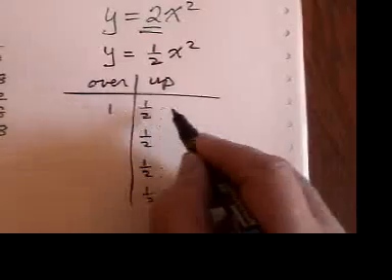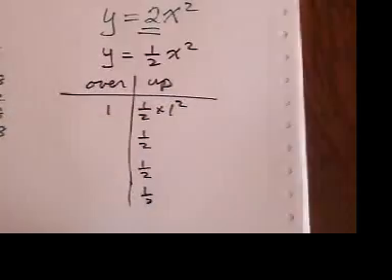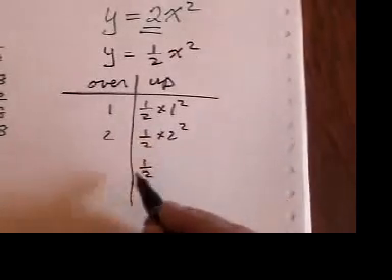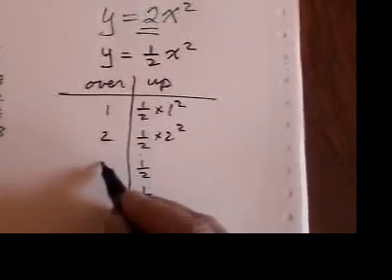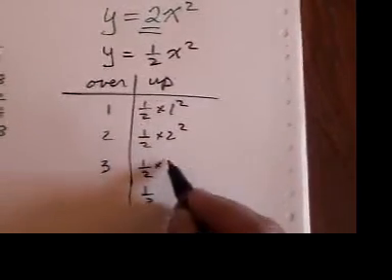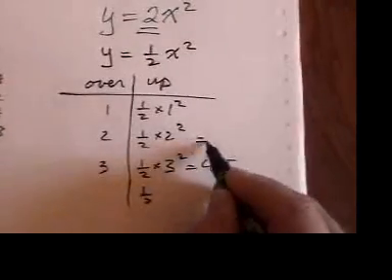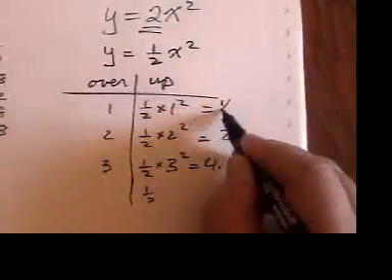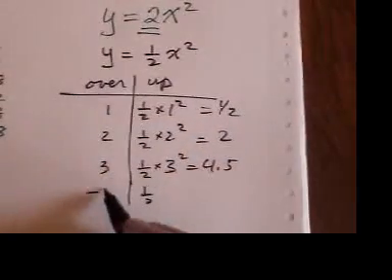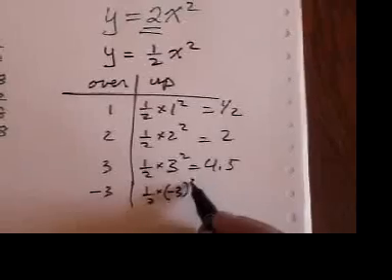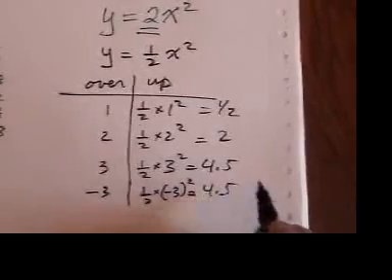So if I go over 1, it'll go up 1/2 times 1 squared. Over 2, it'll go up a half times 2 squared, which is 2. Over 3, it'll go up a half times 3 squared, which is 4.5. And if I went to the left 3, it'd be a half times negative 3 squared, which is also 4.5.